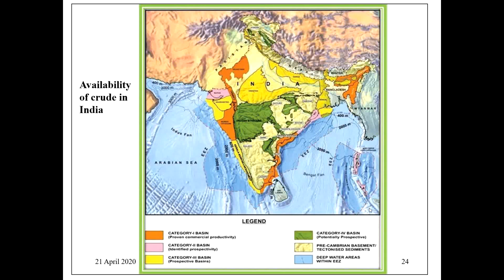Now, availability of crude in India. These are proven commercial productivity sources; actually, these are in estimate form. In some parts of Gujarat, the coastal area of Maharashtra, and Rajasthan, there is a possibility of oil being available, and explorations are going on at the private level.